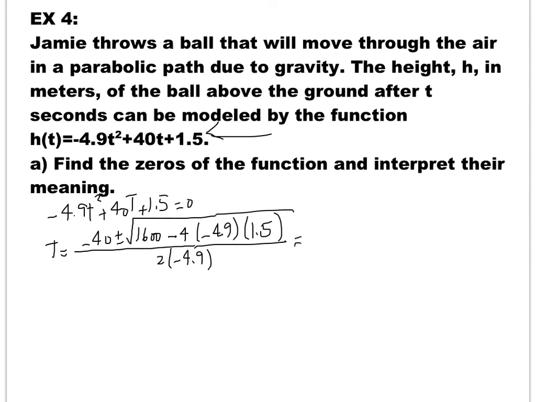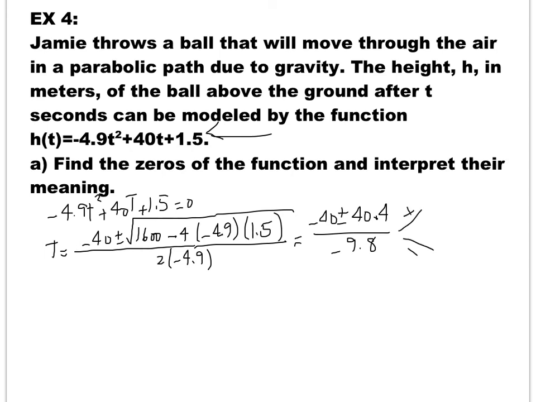If you simplify under the square root, take the square root, and also simplify 2 times negative 4.9, you get negative 40 plus or minus 40.4 divided by negative 9.8. This one gives you two solutions.